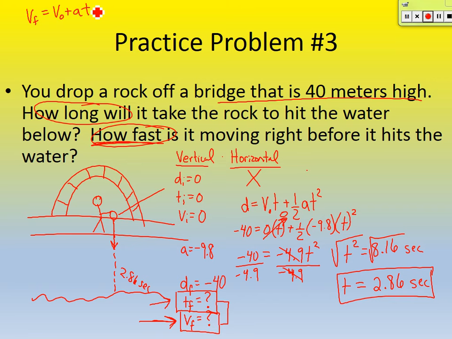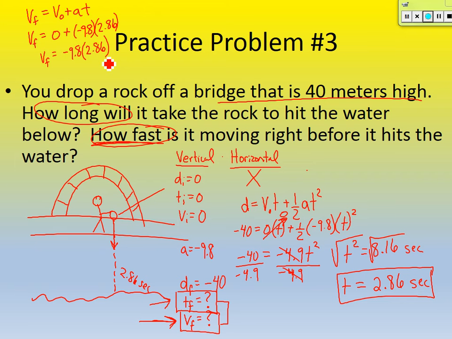So now let's plug in our variables. We don't know what velocity final is. We know that velocity initial was 0, plus a is a negative 9.8, and t we just solved for was 2.86. And so velocity final is going to be equal to a negative 9.8 times 2.86.